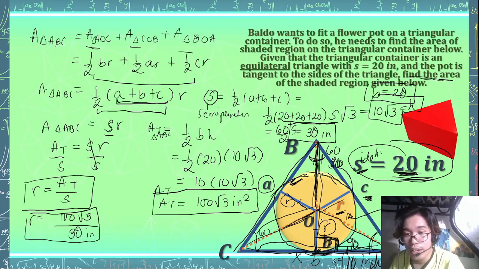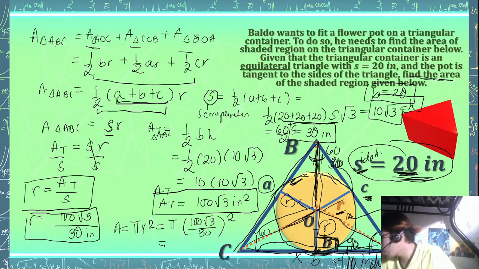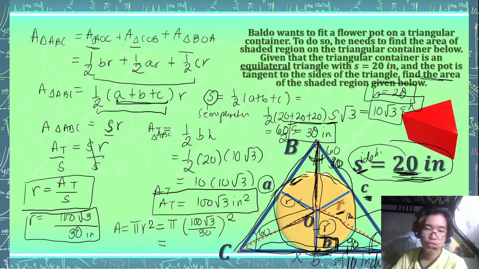To solve for the area of the circle though, it's going to be equal to pi r squared. And we know that the value of r here is 100 square root of 3 all over 30, so the area is pi times 100 square root of 3 all over 30, squared. And what's that for this figure?